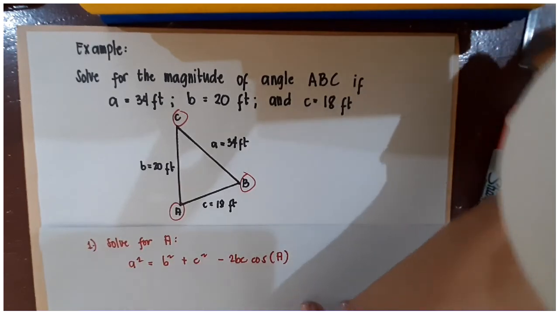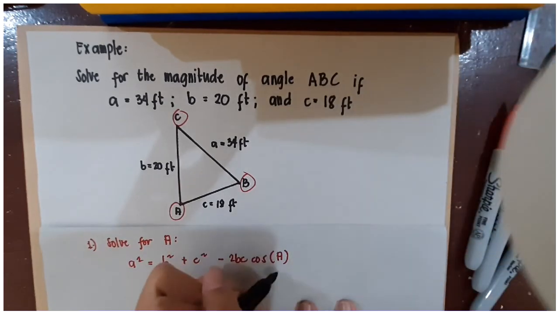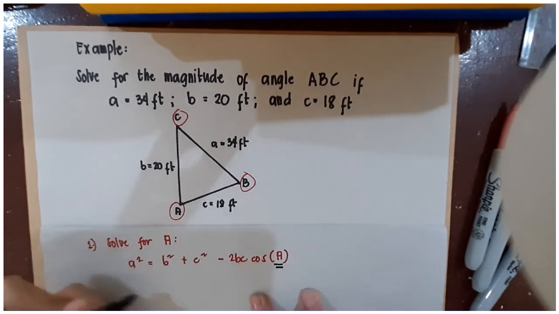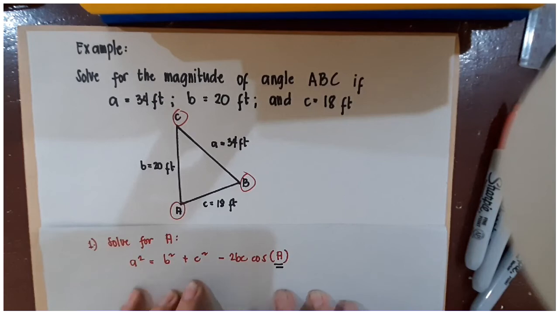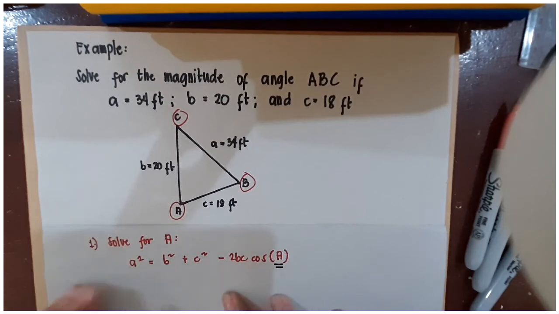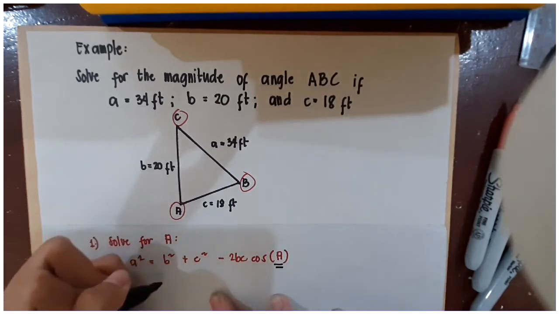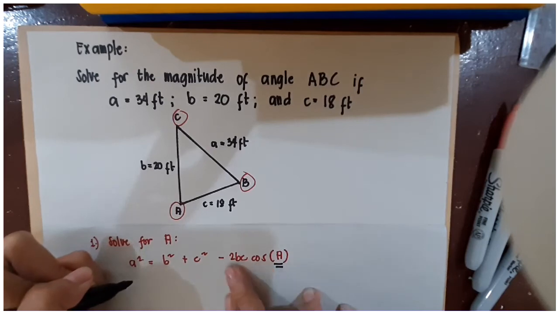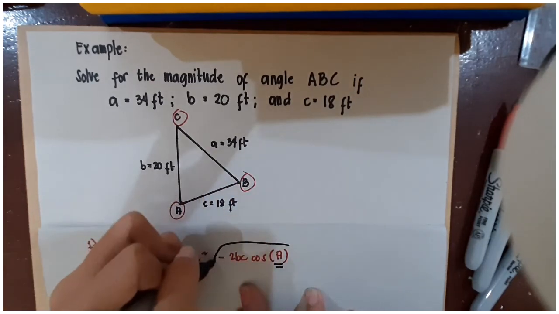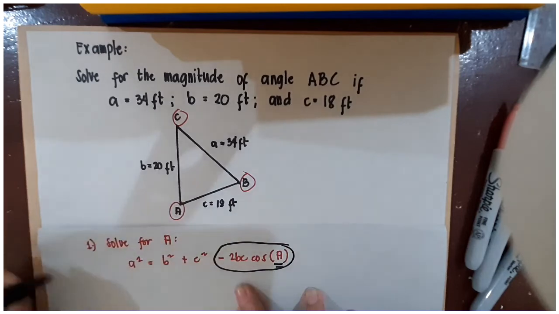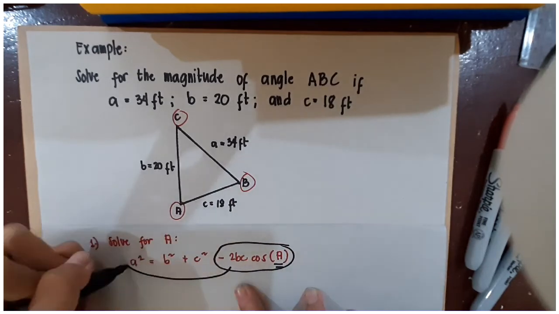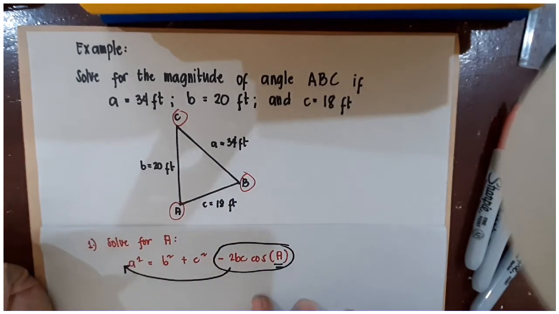Since we are looking for this angle A, we transpose the other variables to the other side. Let's transpose it to the left side.